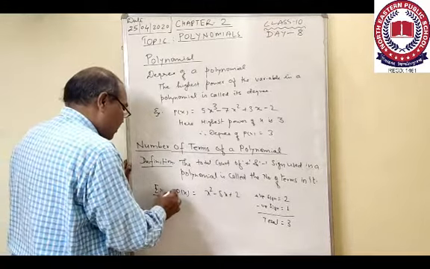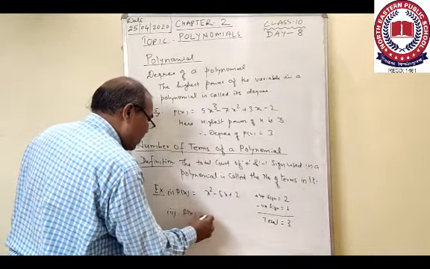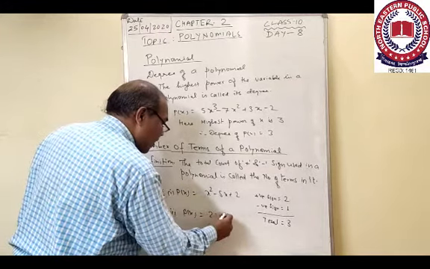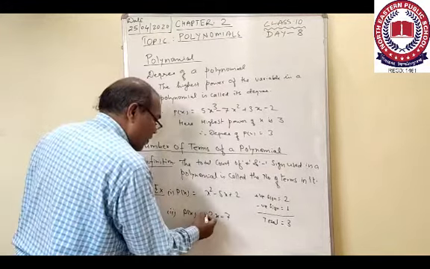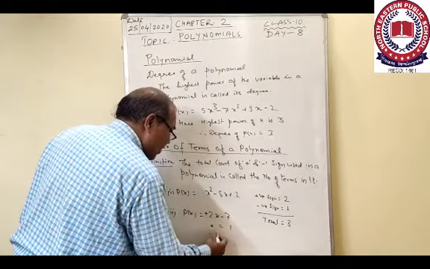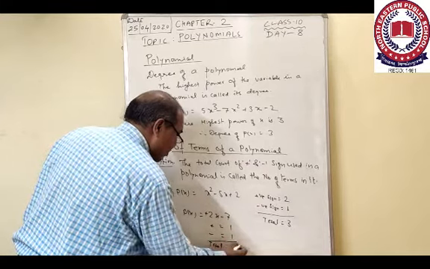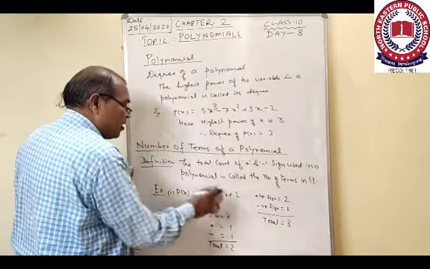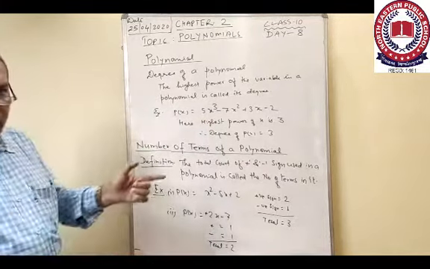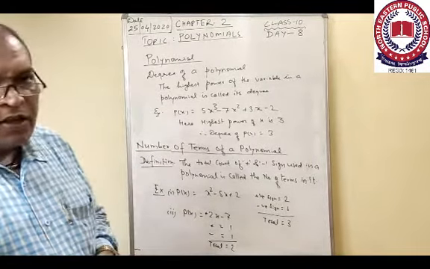Another example, if we are given p of x is 2x minus 7, so here one positive sign, one negative sign. Positive sign is 1, negative sign is 1. Total positive and negative signs are 2. So this polynomial has 2 terms. Likewise, we can count the number of terms in a given polynomial.